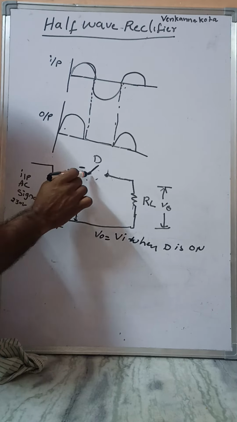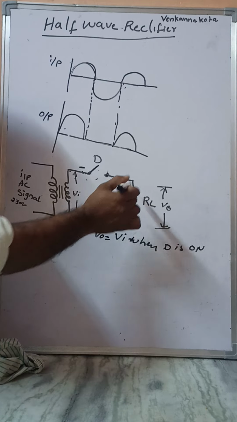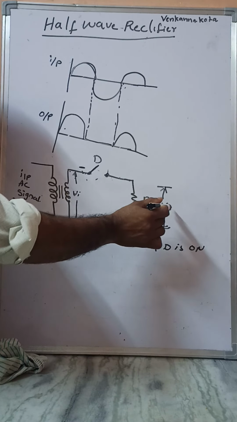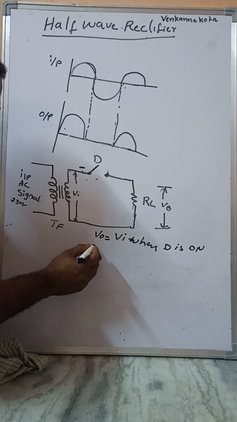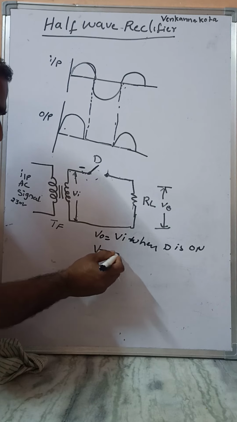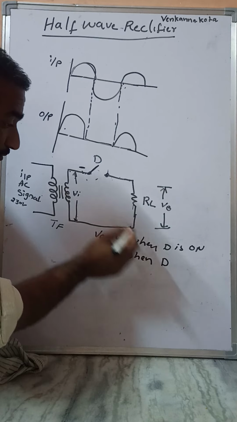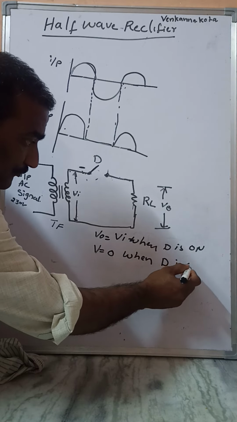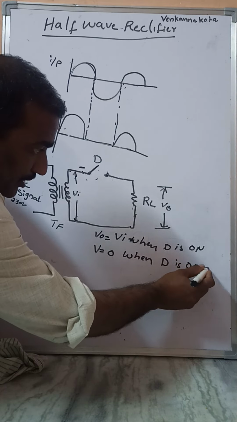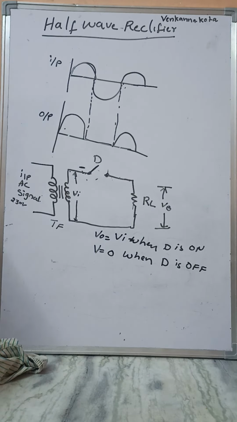So the output V0 is equal to 0 when the diode is off. This is the basic operation of a rectifier.